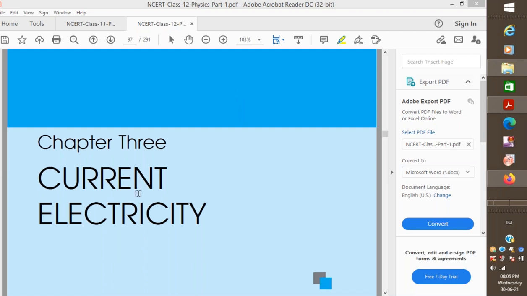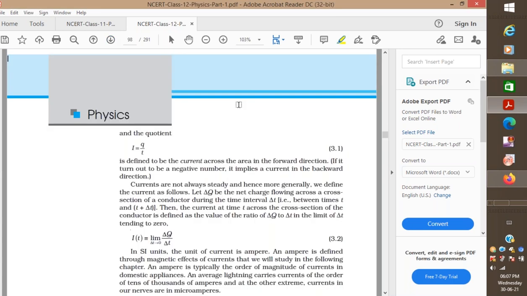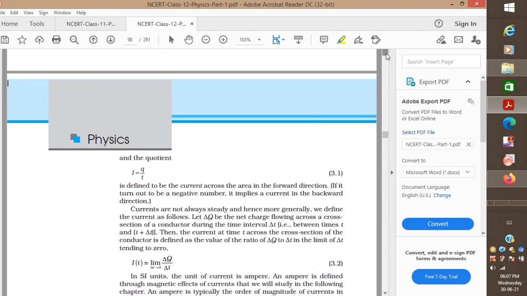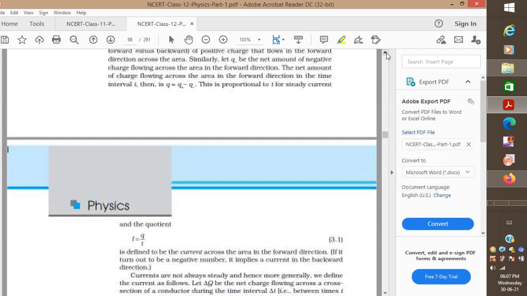In this chapter, we'll be dealing with the motion of the charges, and the motion of the charges gives current. Since this current is due to the motion of electric charges, it is called electric current, current electricity, current due to electricity.